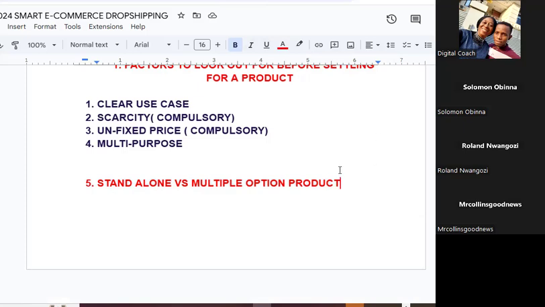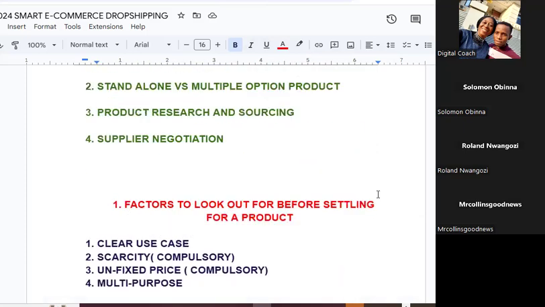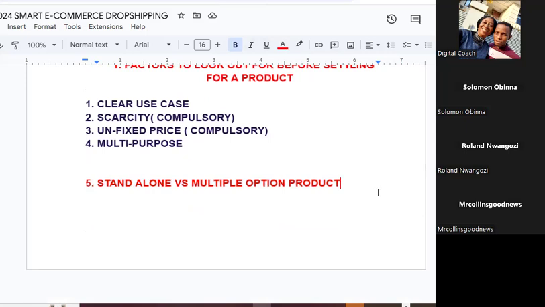Now, stand-alone versus multiple option product. Whenever you are choosing a product to sell, please, please and please, as a startup, don't sell products that come in varieties. For instance, you are selling a bag and the bag has medium size, the same bag has large size, the same bag has extra large size.